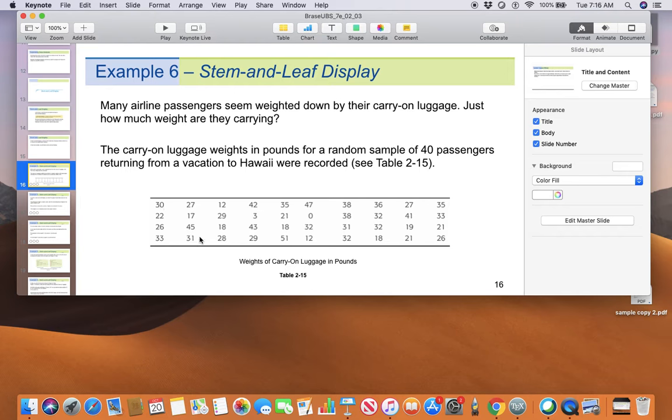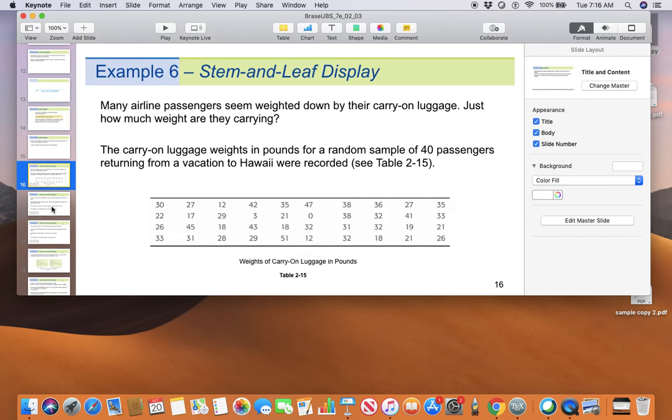So suppose you are given information, data like this. Many airline passengers seem weighted down by their carry-on luggage. Just how much weight are they carrying? Carry-on luggage weights in pounds for a random sample of 40 passengers returning from vacation to Hawaii were recorded. Here is the weight of carry-on luggage in pounds. Okay, so you have a bunch of information.